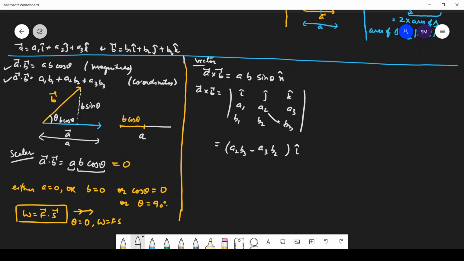So this minus this. Now for the j coordinate of this product, as I told you, in cross product we need to move in a circle. So this i cap, this j cap, and this k cap.